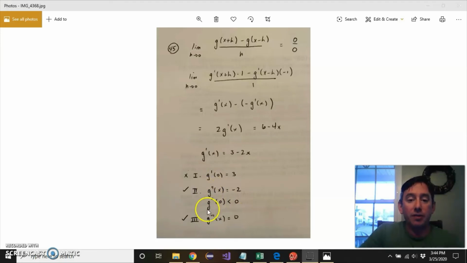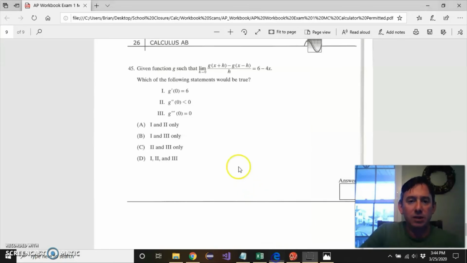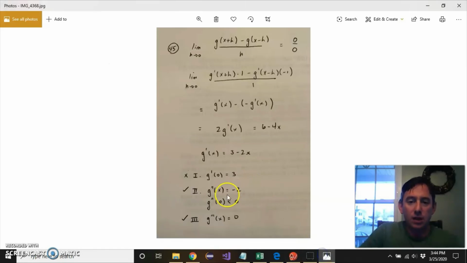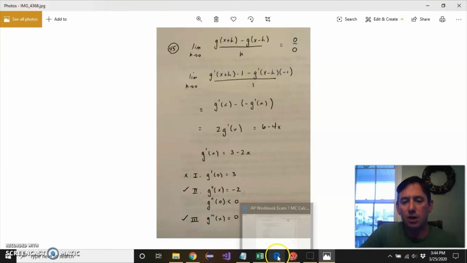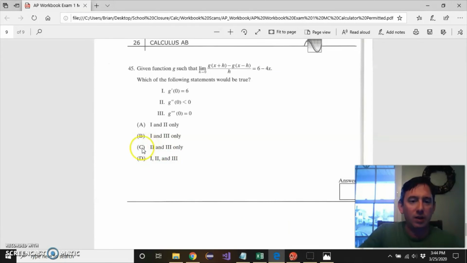Then the derivative of that, g triple prime of x, is 0, therefore g triple prime of 0 is 0, so 3 is also a true statement. 2 and 3 are both true, which means C is our answer. Okay, that makes sense.